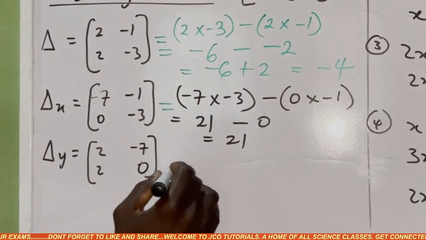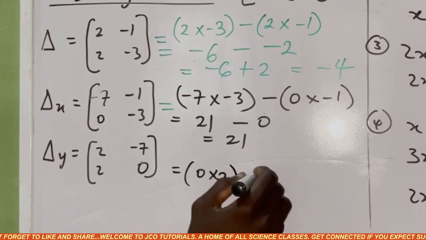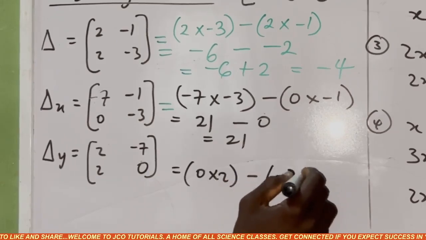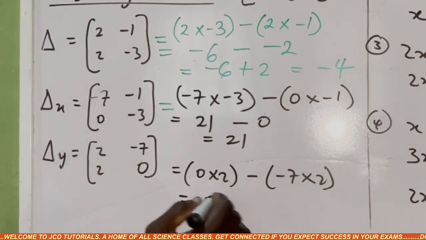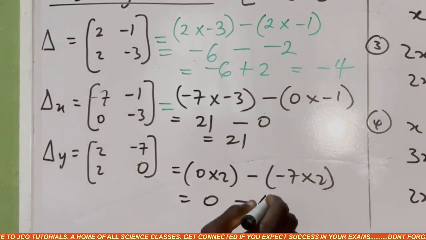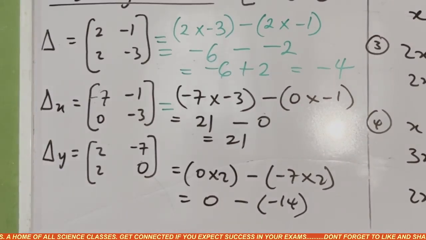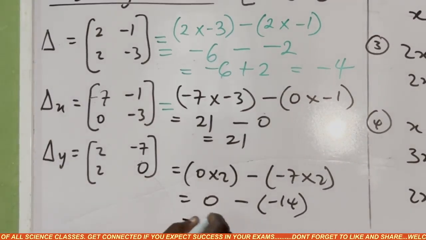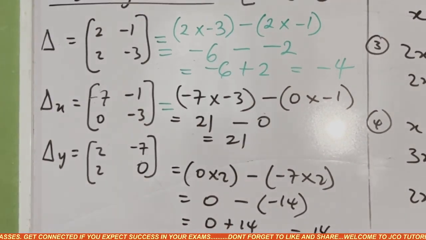And here also the last diagonal 0 times 2 minus 7 times 2. When you multiply this, you have 0 minus this will give you minus 14. Okay, that gives you 0 plus 14, which is 14.